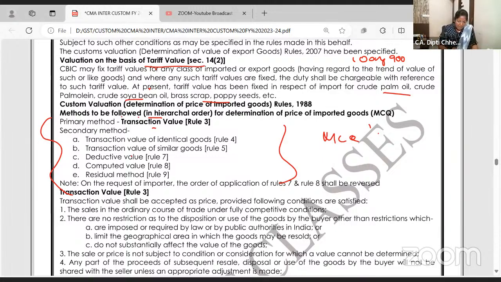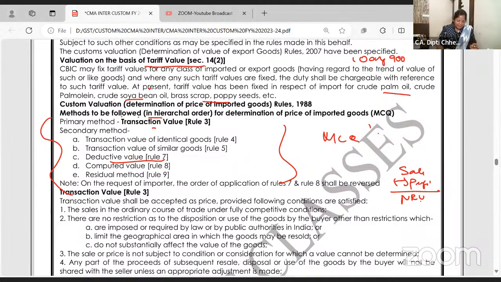If not, you can use the deductive value. What is the deductive value? Deductive value means finally the selling price in India. This is like your NRV method. The final sales value minus the profit I am going to earn will give you the NRV, and that is the deductive value.